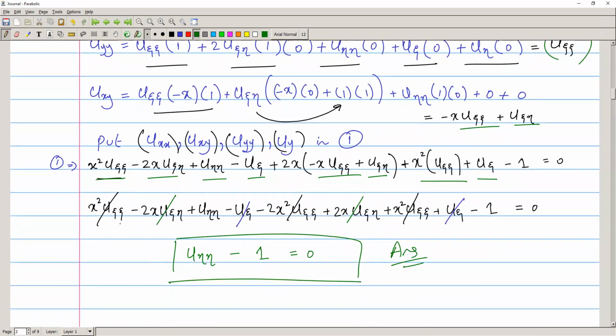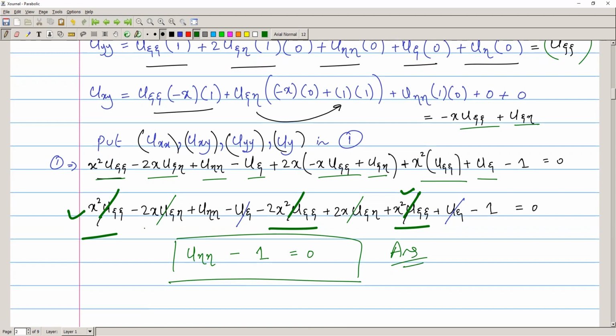And now we are simplifying, right? So we can see that here it's x squared u_psi psi, here it's negative 2x squared u_psi psi, and here it is again x squared u_psi psi. So this x squared u_psi psi plus this x squared u_psi psi will be 2x squared u_psi psi, and then this is negative 2x squared u_psi psi, so we can cancel these, right?